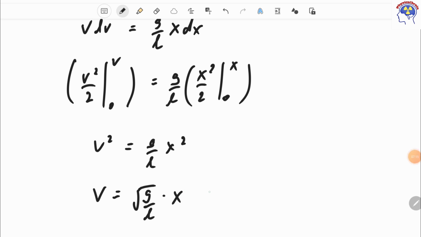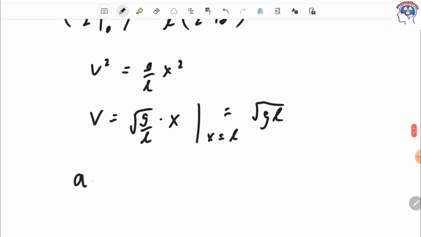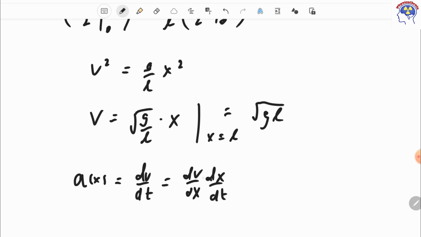Again, we can make the check: v while x equals L will give us root of gL, and a of x equals, the same way, dv/dt, dv/dx, dx/dt, which leads us to root of g/L times root of g/L times x.